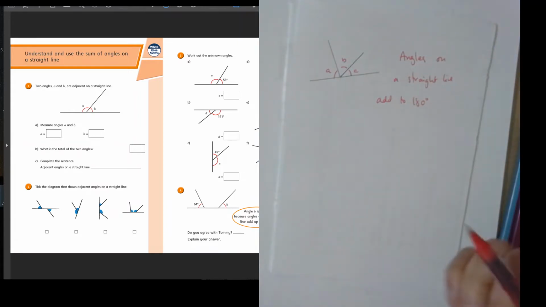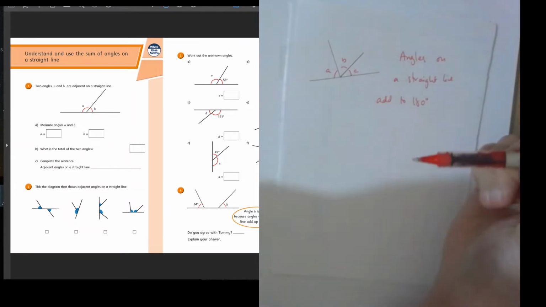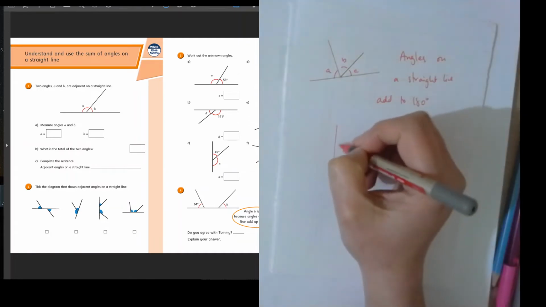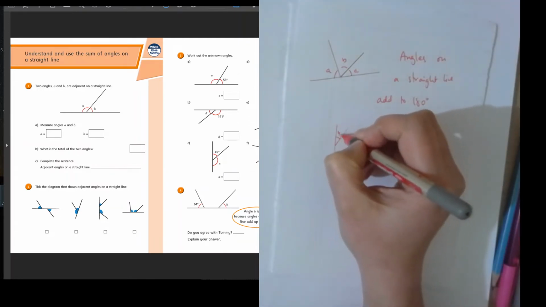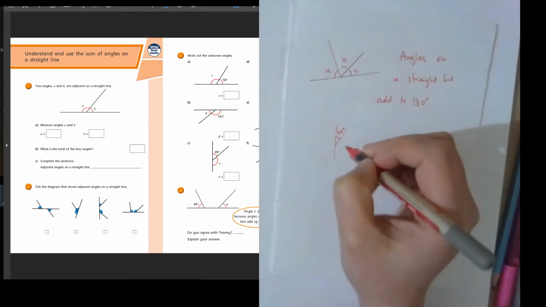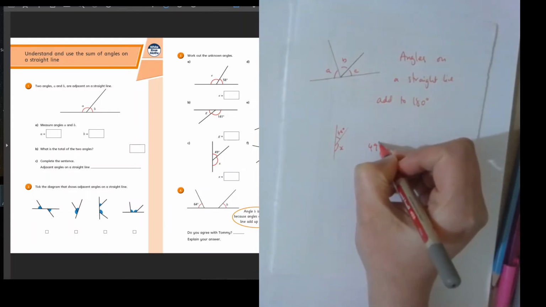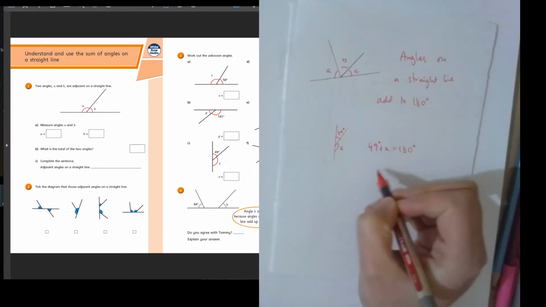Okay, so if I just go by, say, one of these examples, I'm just going to use that question over here, which I believe is question C. So if I have question C, I'm just drawing a sketch. So you've got 49 degrees here, and you've got angle X. So I know 49 plus X equals 180.